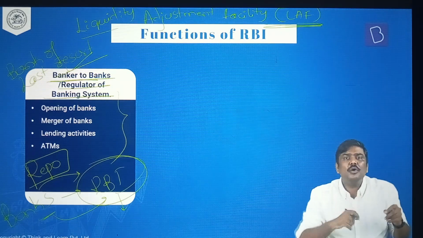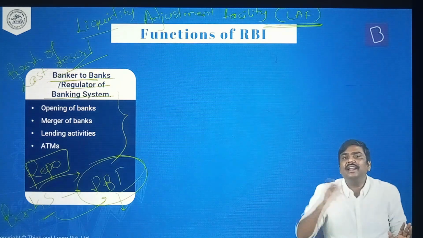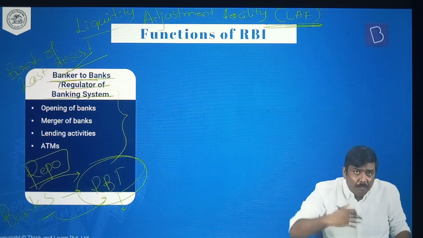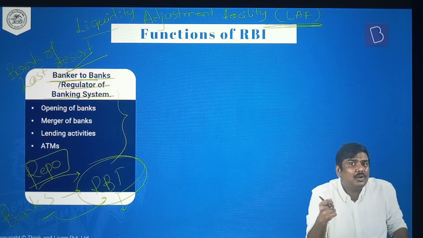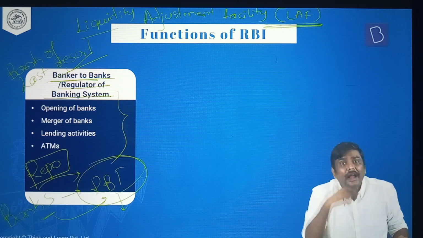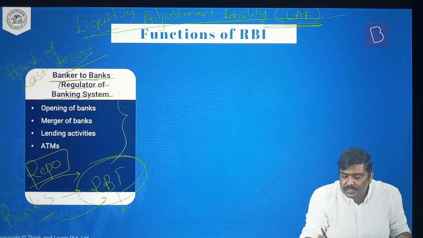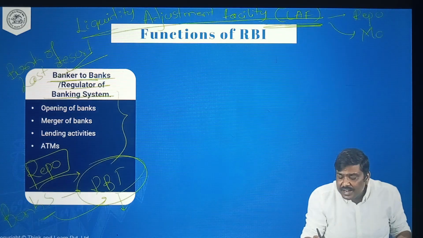RBI says you are allowed to borrow, let's say, 1% of your NDTL under repo, and the banks have met this particular limit. Now banks want to borrow more, but can they borrow under repo? Not allowed.